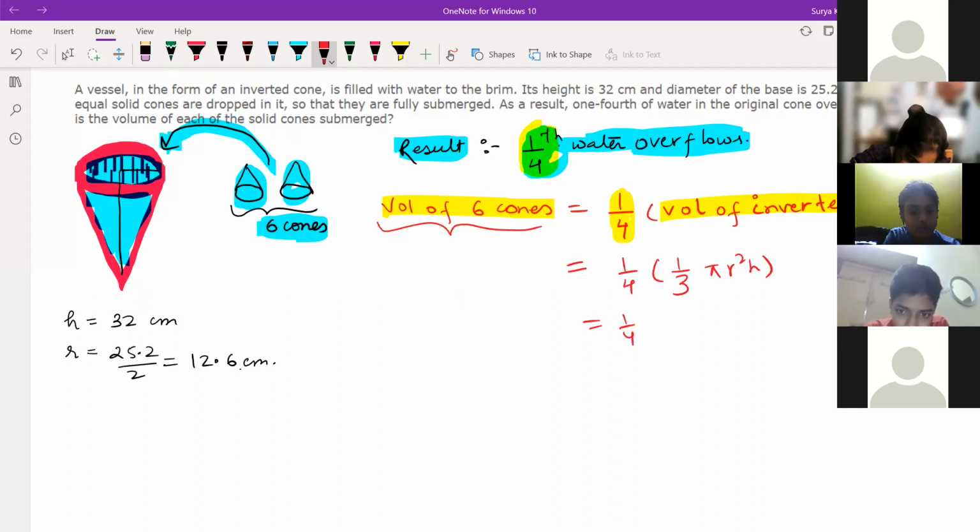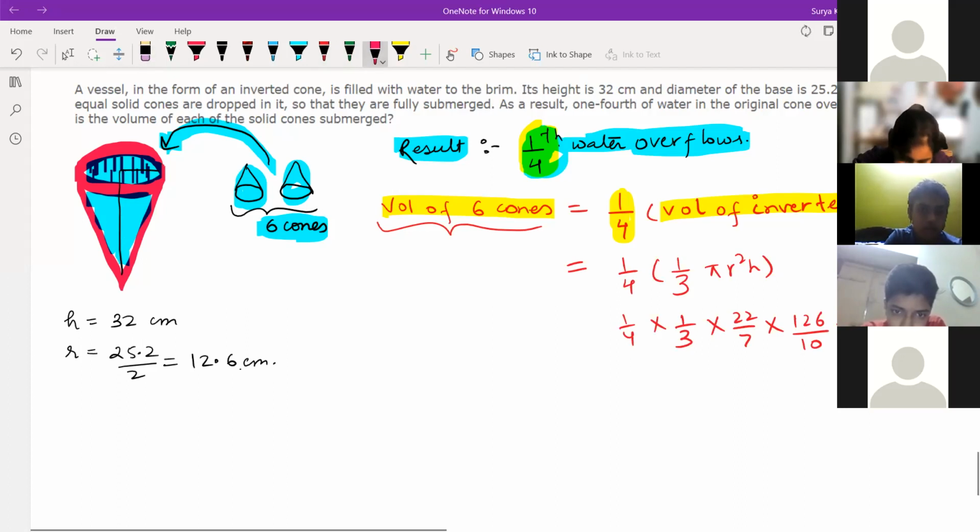So 1/4 into 1/3 into 22/7 into radius, that is 12.6, 126/10 into 126/10 into height, which is 32. This much you have done, Nihar. And one more thing: they're asking for the volume of each cone. Suppose there are 6 cones here, so you can write one more thing: 6 into the volume of one cone.